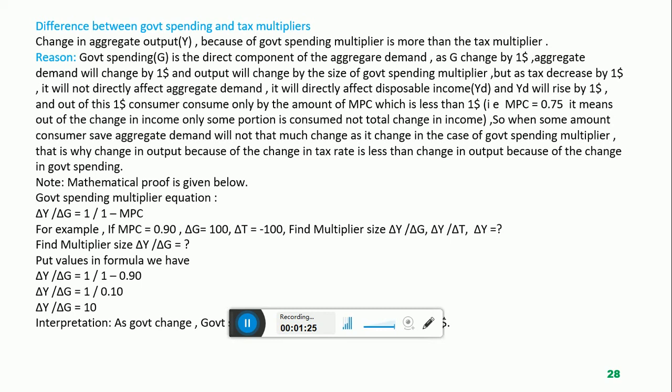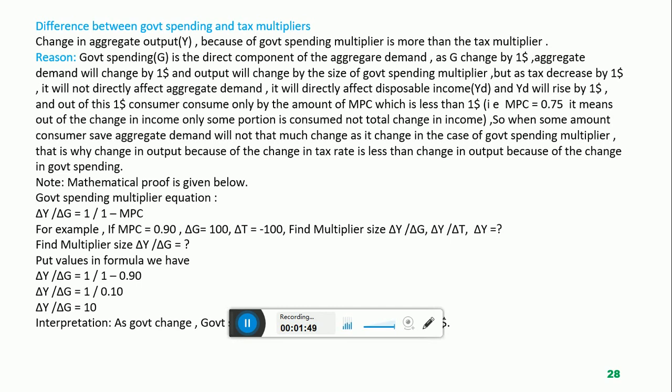The reason is this: capital G we are using as a symbol for the government spending or government expenditure. Capital G is the direct component of aggregate demand, and aggregate demand and capital G have a positive relationship.